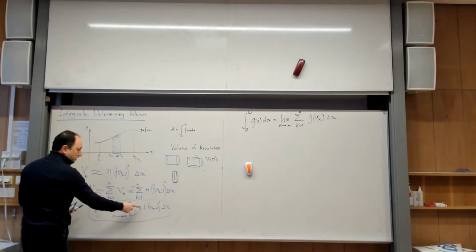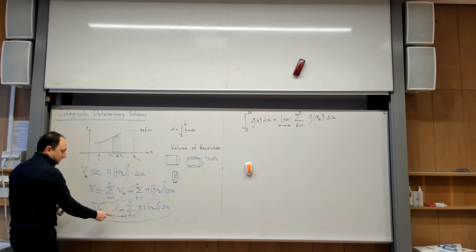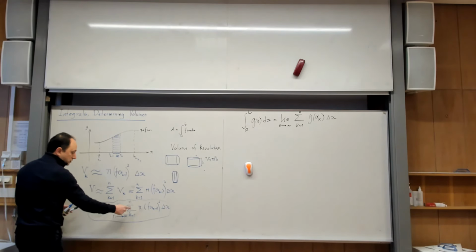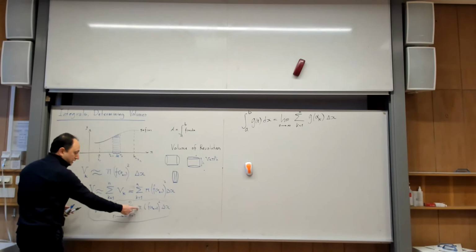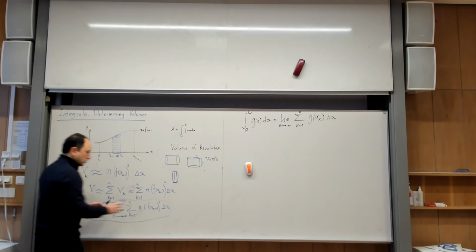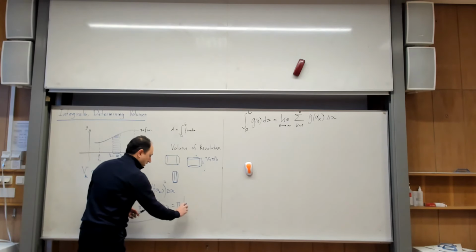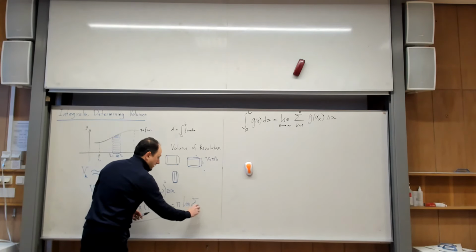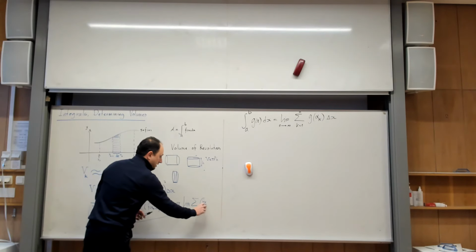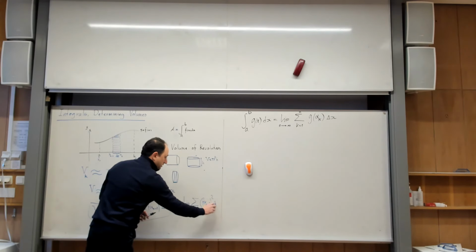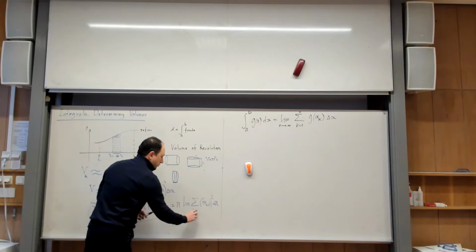And pi is independent of n, so in the limit it doesn't play any role, and I can pull it out. So I can write pi times the limit, as n goes to infinity, of the sigma of f of xk minus 1 squared delta x, where k goes from 1 to n.